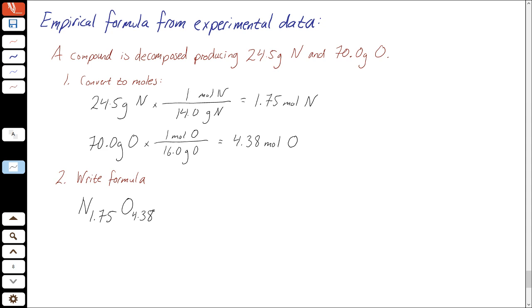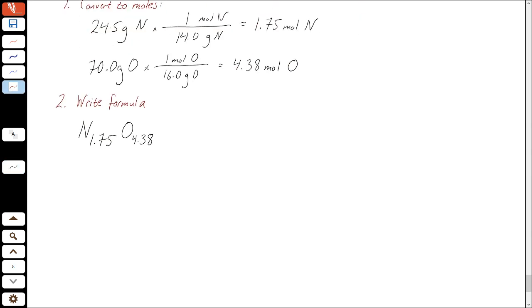Yeah, we can actually simplify this by dividing by the smaller number. So if we take whatever the smaller number is, and if it's a larger compound, it would be the smallest number, we can see if we can find an actual whole number ratio.